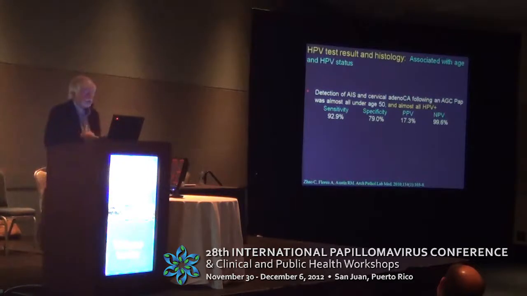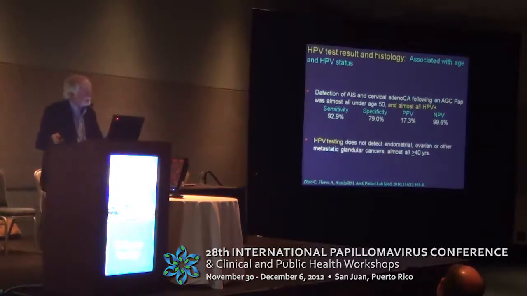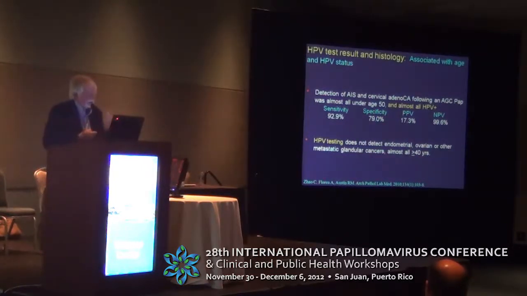Again, the HPV-associated lesions were almost all under the age of 50 and almost all HPV positive. And you can see the sensitivity of HPV testing was high. But again, the problem is that we can't rule out non-HPV associated disease, which is particularly concentrated over the age of 40 years. And that's the problem that the authors noted there.